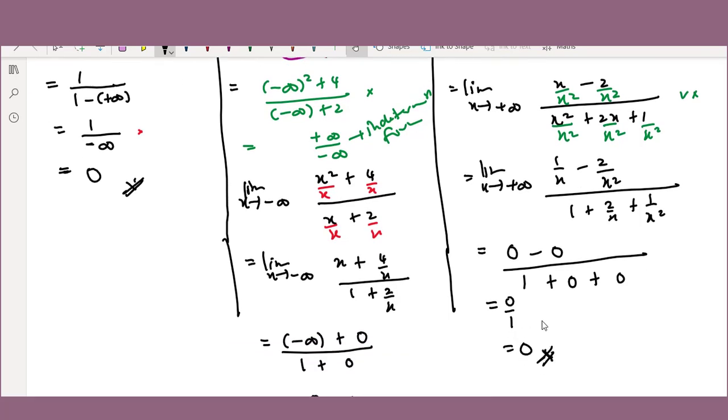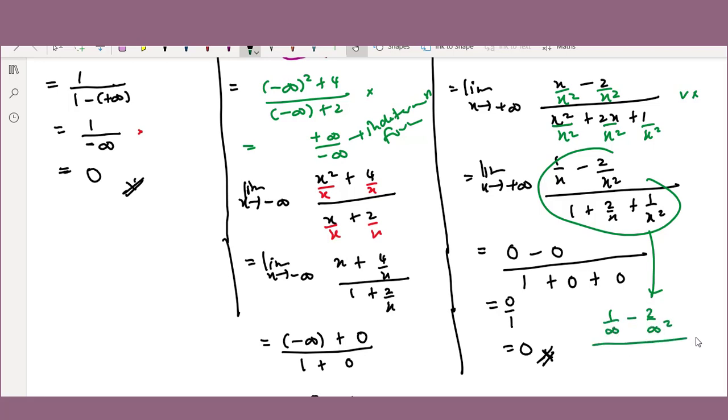Okay, this one is for number 6c. Here you don't have to show 1 over infinity minus 2 over infinity squared over 1 plus 2 over infinity. No need to show this, just imagine it and write this one. Okay, settled for number 6c.